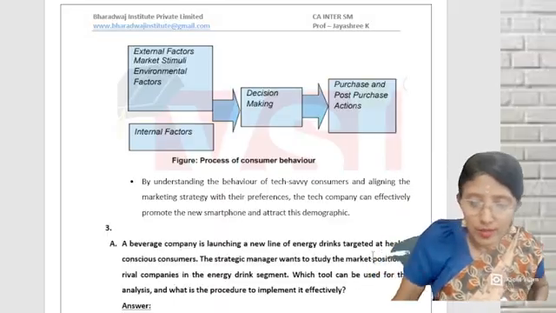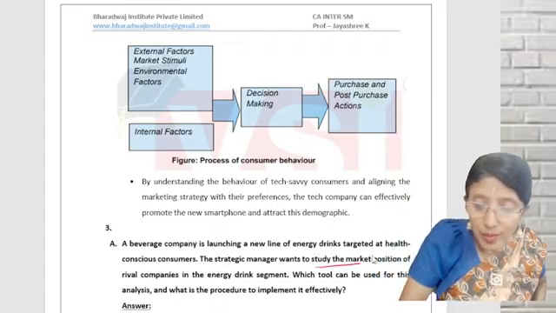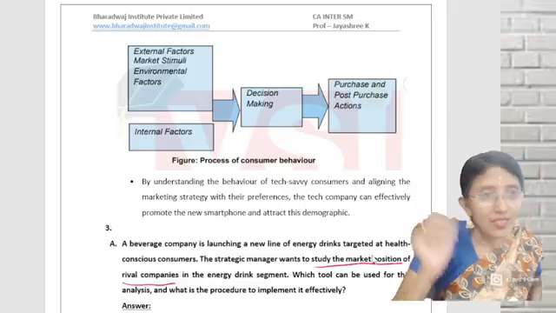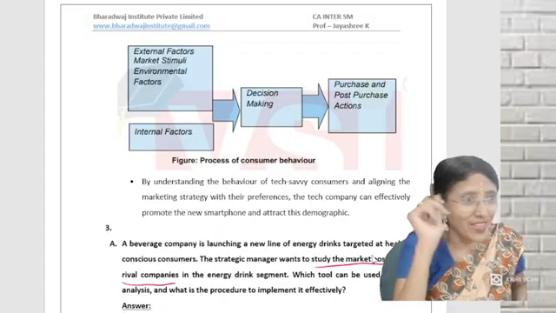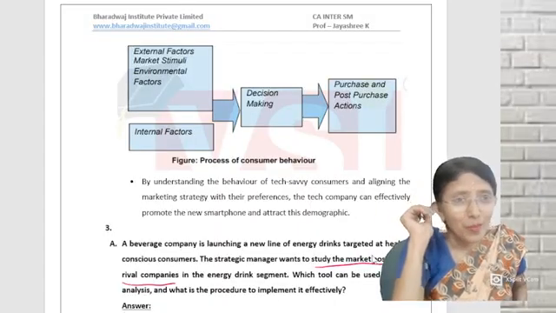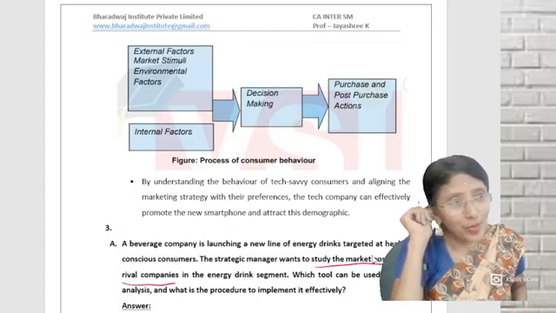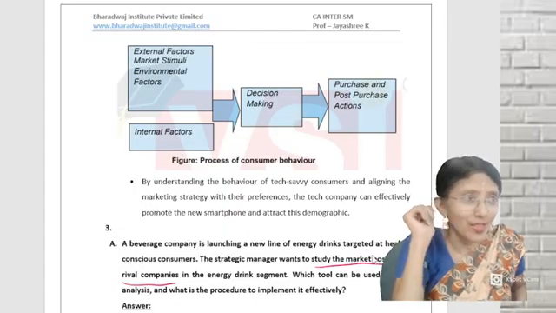This is a clue word. Study the market position of rival companies. There is one particular concept you are recollecting. Tell me the concept there. You remember that? How many products they are doing and what is the reputation of each of them, with a diagrammatic representation we saw. Yesterday also we saw in the class.